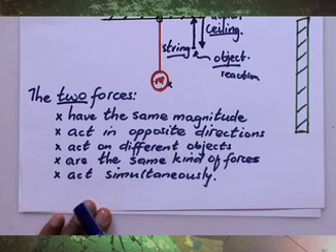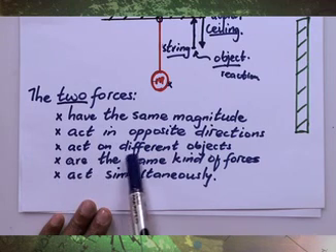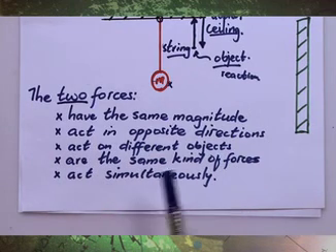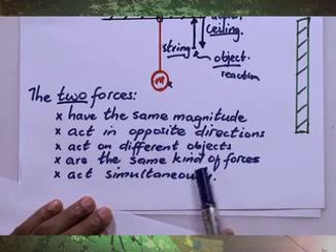What we also need to know about these two forces, our action-reaction pair, is that they act on different objects. In other words, you cannot have an action-reaction pair acting on the same object. The two forces should be acting on two different objects. They are the same kind of forces.